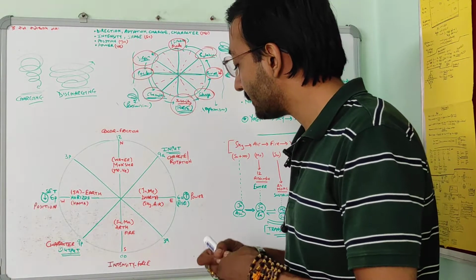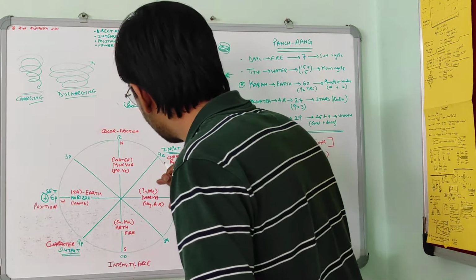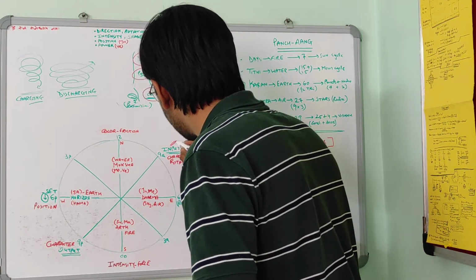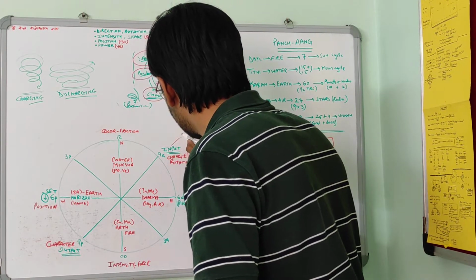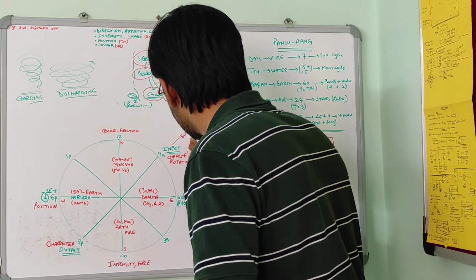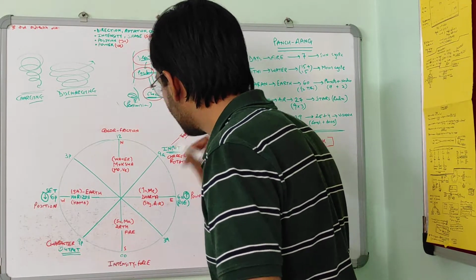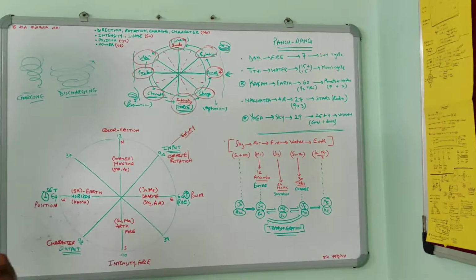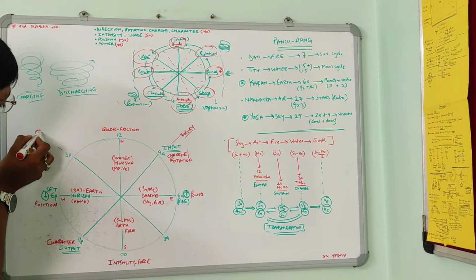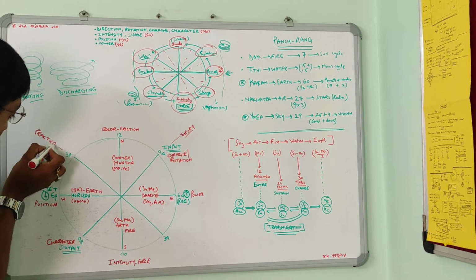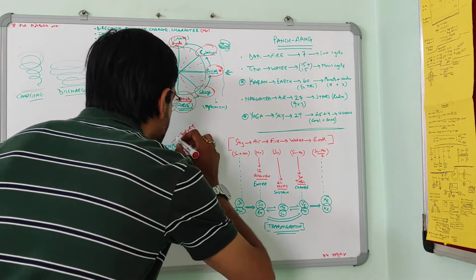we can also say that over here is the theoretical aspect. You can write over here theoretical aspect. Over here is theory, and over here is practical. So see, this is a theoretical aspect.